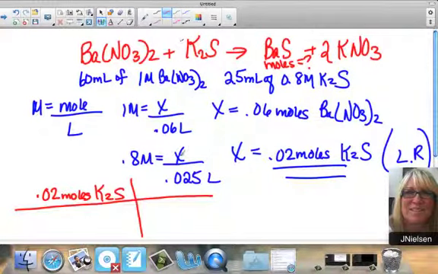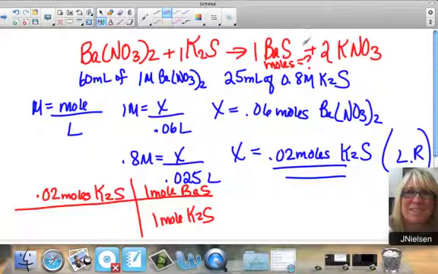We have 1 mole of K2S in our balanced equation, and we have 1 mole of BaS. So technically, we could have just looked at the equation and saw that the K2S and the BaS was a 1-to-1 relationship. So whatever moles of K2S I have, then my moles of BaS must be the same. So this is simply going to be 0.02 moles of BaS.